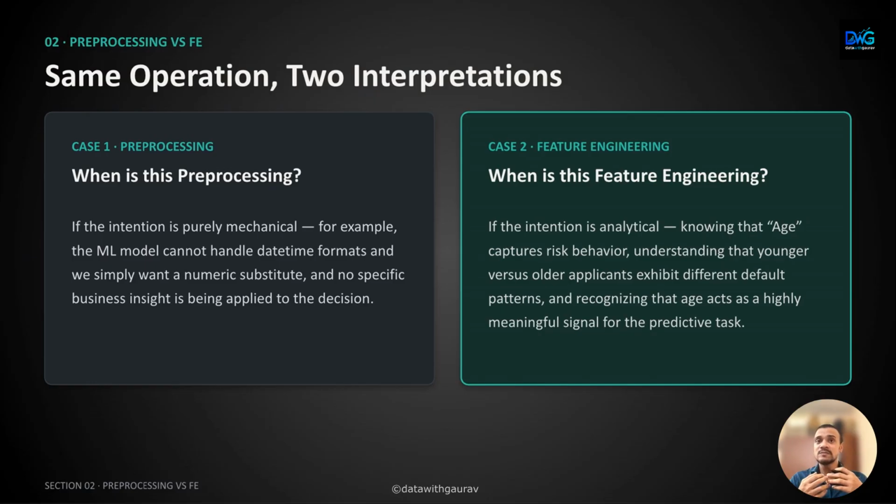Here, the transformation is driven by domain knowledge, not a technical requirement. The goal is to provide the model with more meaningful signals. That makes it feature engineering. So remember the key idea: the code may be identical, but the purpose behind the transformation determines whether it is pre-processing or feature engineering. So that's one of the most important distinctions to understand before moving forward.